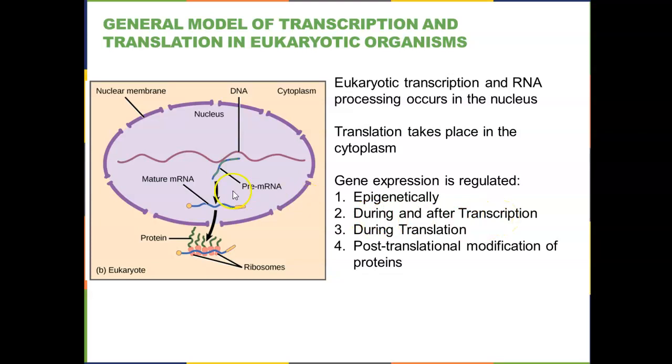Does it occur? We can regulate stages in this modification after transcription right here. That's post-transcriptional modification. We can regulate the process of translation. Does it occur frequently? Does it occur rarely? And then the product of translation, the polypeptide right here, can be modified, typically in the endoplasmic reticulum system, the endomembrane system of the eukaryotic cell.